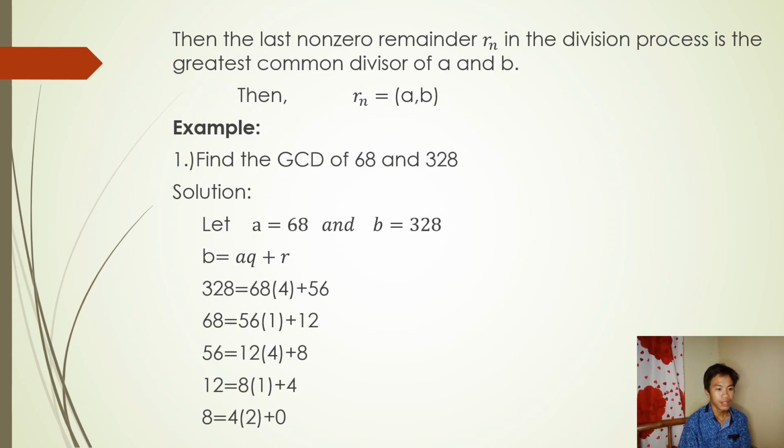Then the last non-zero remainder, r sub n, in the division process is the greatest common divisor of a and b. Then r sub n is equal to the GCD of a and b.